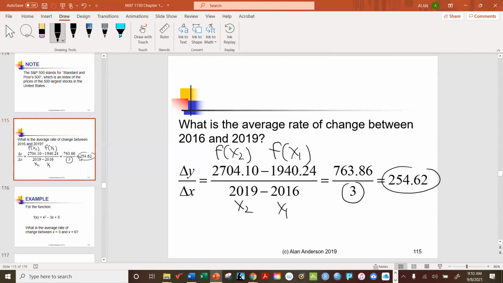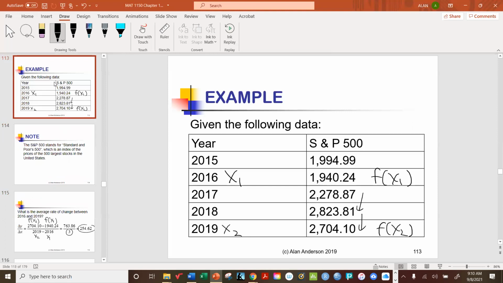Now, it depends on what kind of information you have. Here, if you notice, we do not have an actual function. Let's say that if we did have a function, it might look like this, and that means that X is the year and Y is the S&P 500.